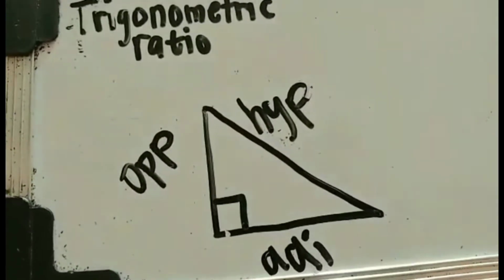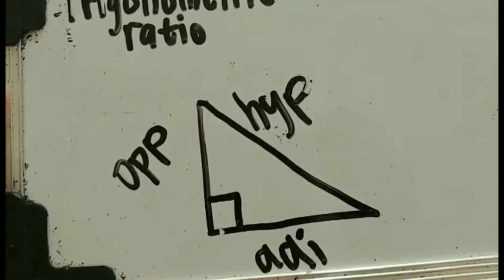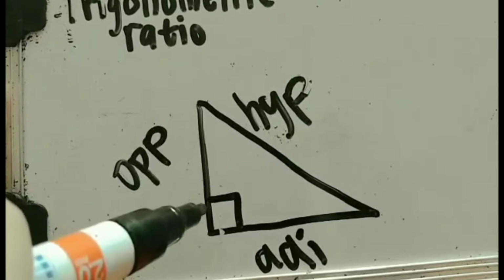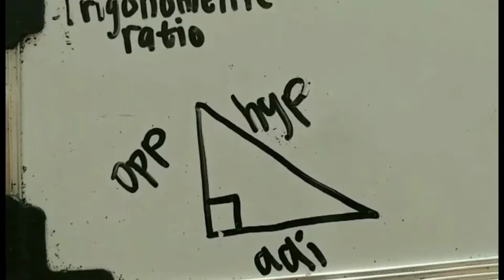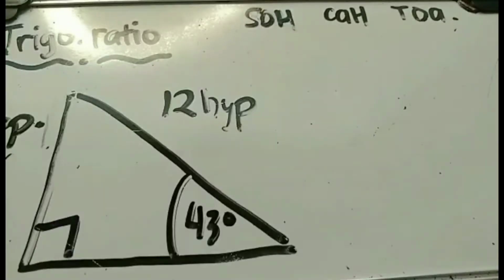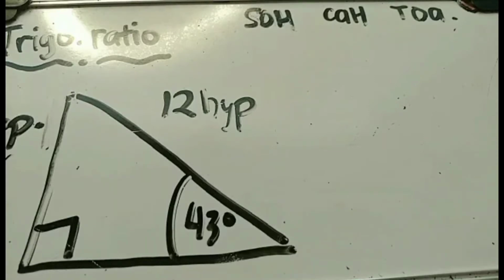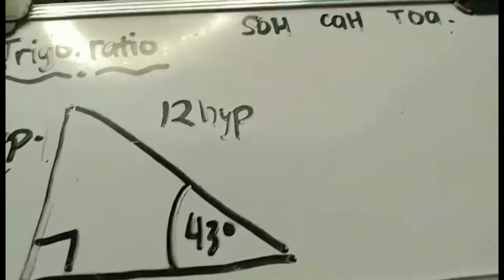Alright, so as we can see in our triangle, this is how it looks with the opposite side here, the hypotenuse and the adjacent. In the opposite side, we have x, and 12 in the hypotenuse and 42 degrees. We don't have any information about the adjacent, so we're not going to apply it, so let's cancel it out. But we will use opposite x and hypotenuse 12.